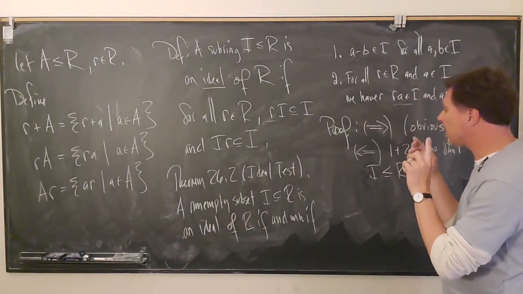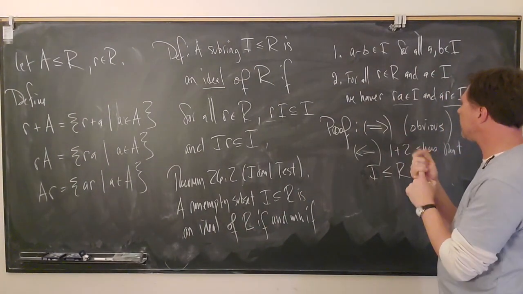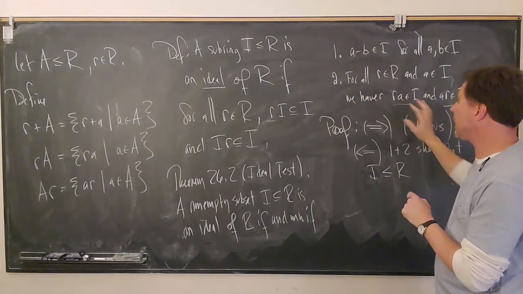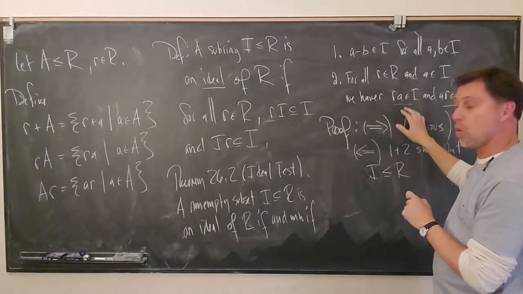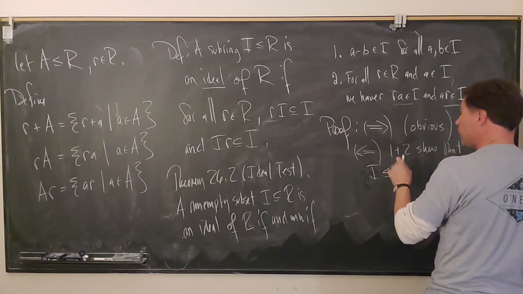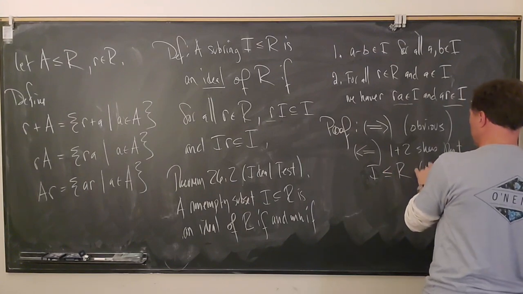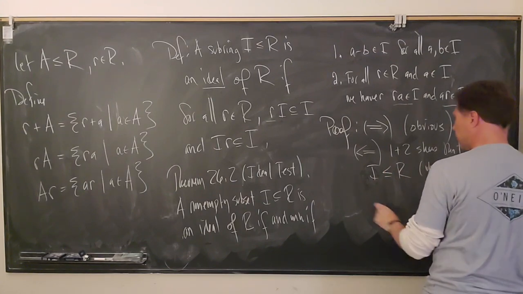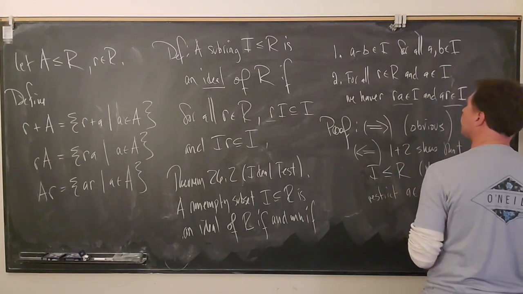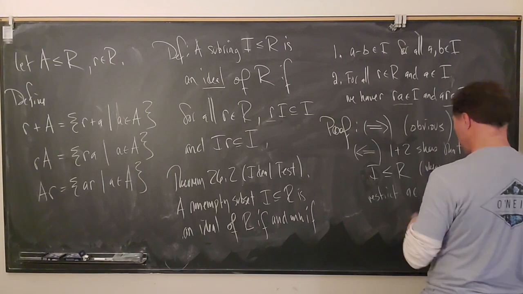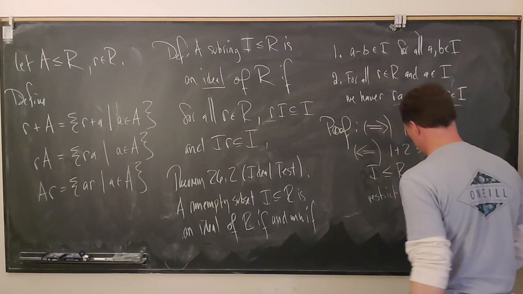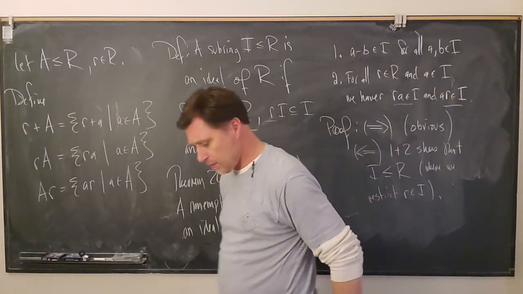To show that it's a subring, it needs to be closed under subtraction and closed under multiplication. Well, this assumes even more. So 1 plus 2 show that I is a subring of R, where we restrict little r to capital I. That shows that it's closed under multiplication.